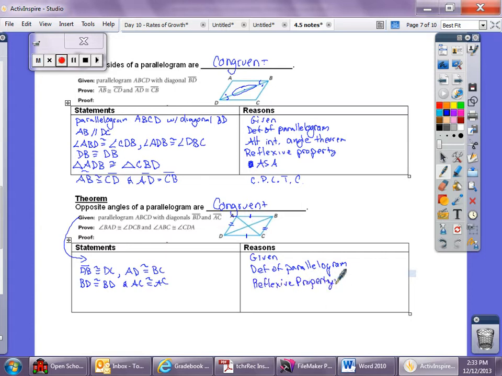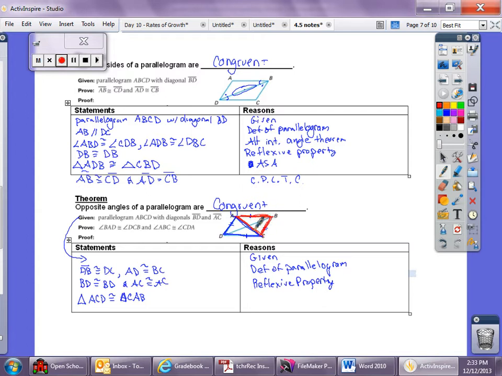So now when we look at it, we have our triangle. So we can say that triangle ACD is congruent to triangle CAB. Oops, it's a triangle CAB. So triangle ACD, that's this triangle right here, is congruent to this triangle right here.